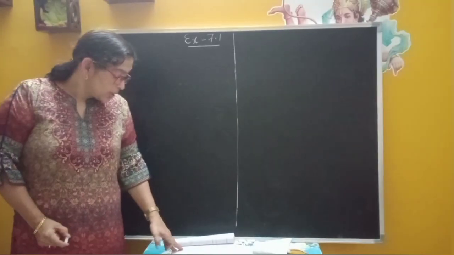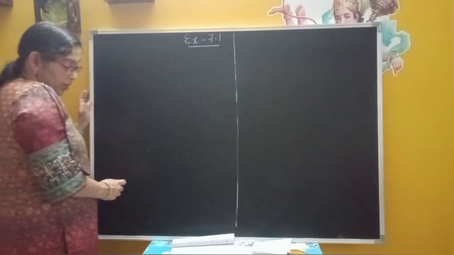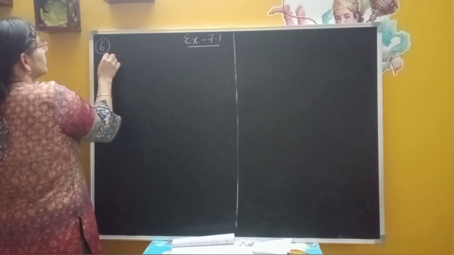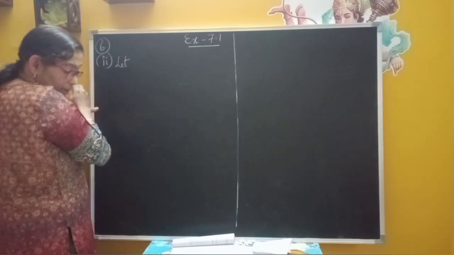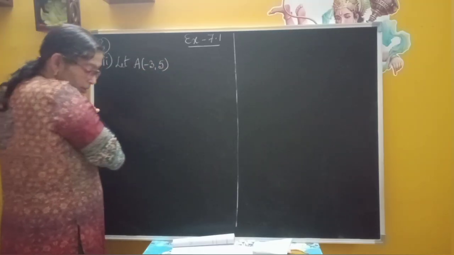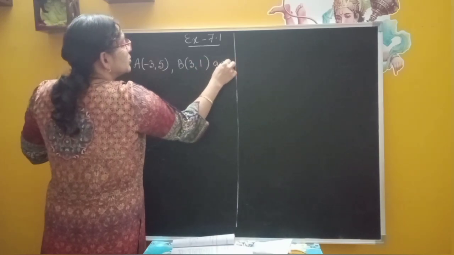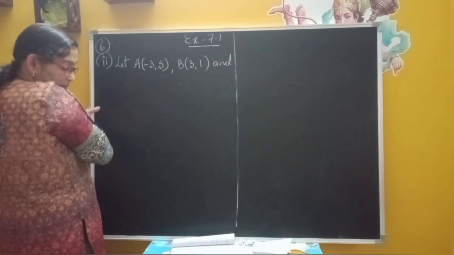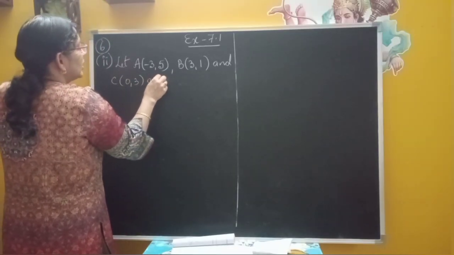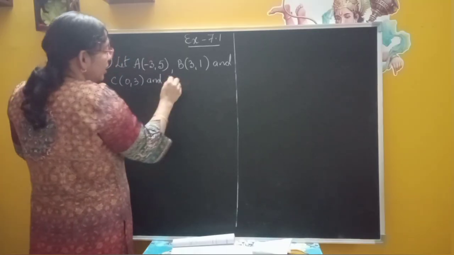Okay, now let us go with the second problem in sixth main. The problem is 4 points. Let us name them. Let A be minus 3, 5, B be 3, 1, C be 0, 3, and the last point D be minus 1, minus 4.